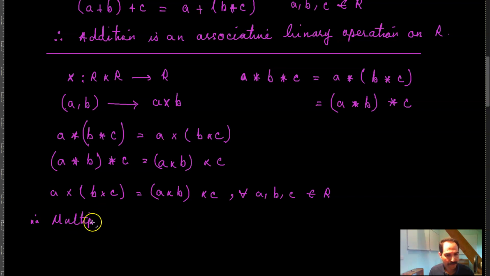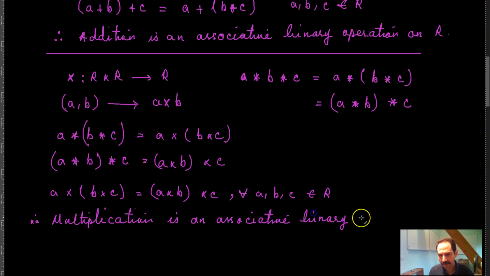Which means that multiplication, okay, is an associative binary operation on R. Okay, so that is that.